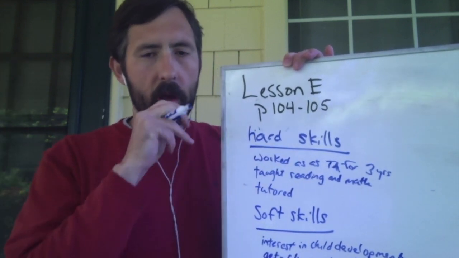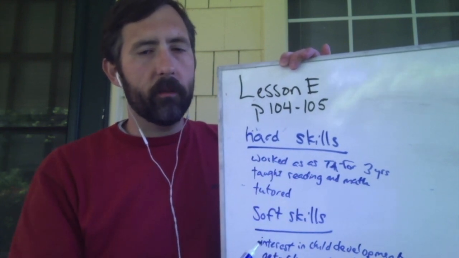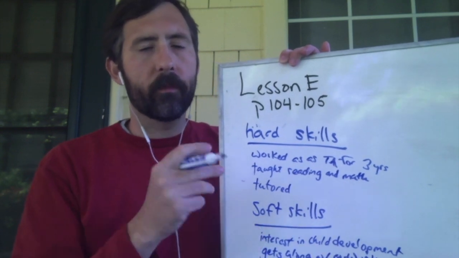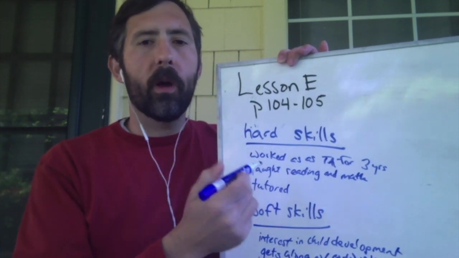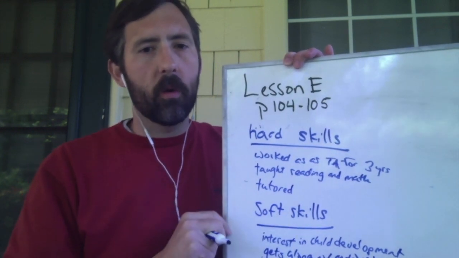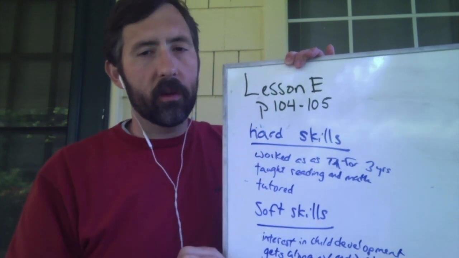And so when you're thinking about hard skills and soft skills, what you want to communicate is, what experience do I have that will match or be good for the position that you're applying for?